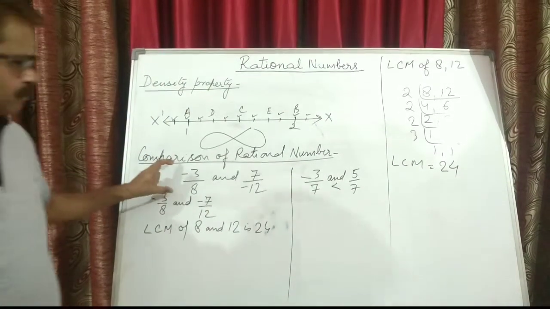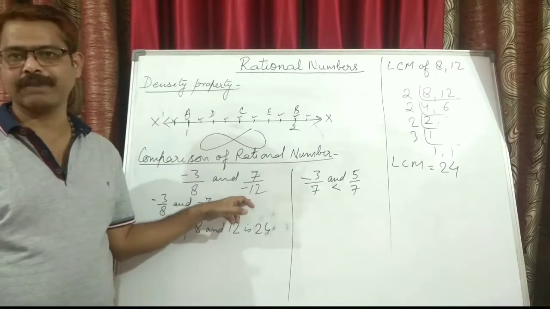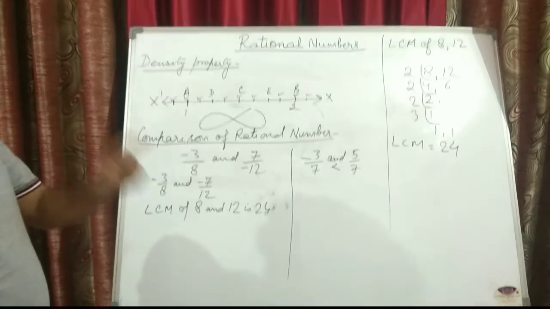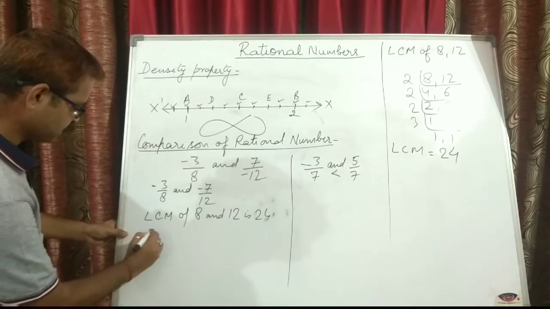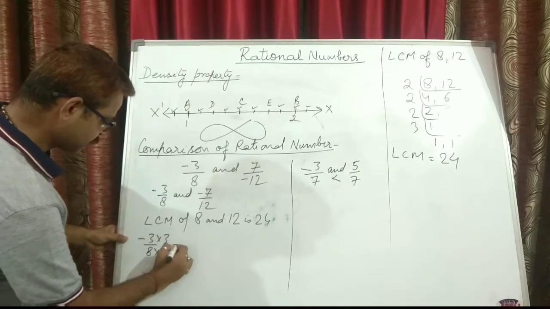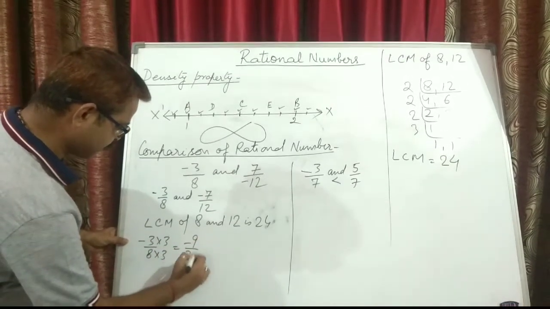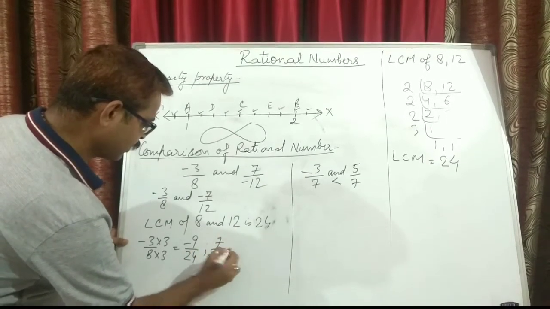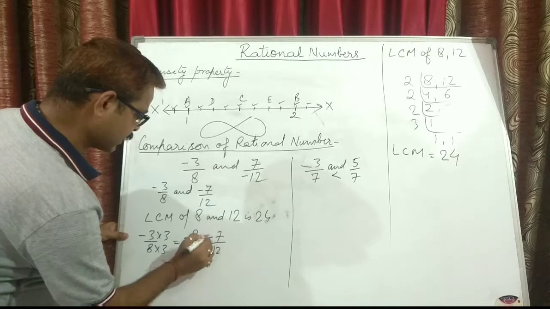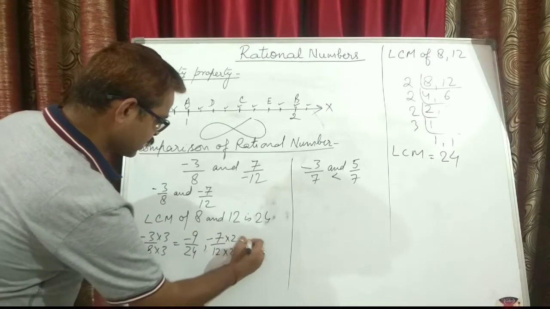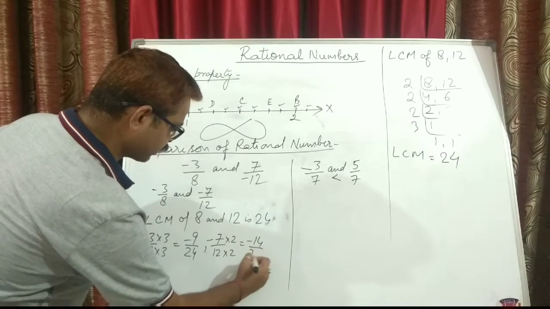Now minus 3 upon 8 and 7 upon minus 12 will be converted into numbers with denominator 24. So for minus 3 upon 8, 8 times 3 is 24, so we'll multiply by 3, so that is minus 9 upon 24. And similarly 7 upon minus 12, or you can say minus 7 upon 12, into 2 upon 2, that is minus 14 upon 24.